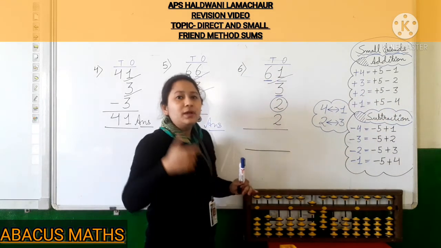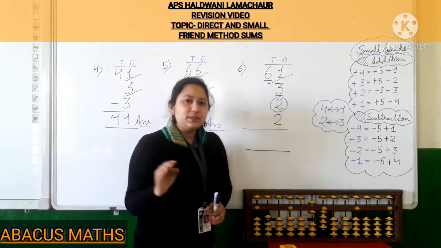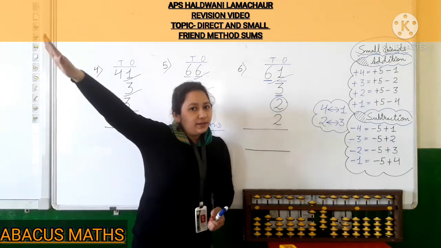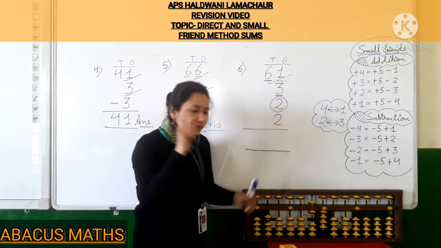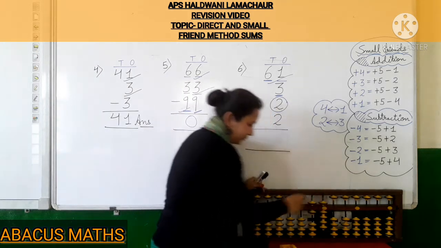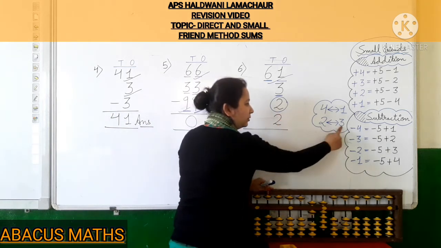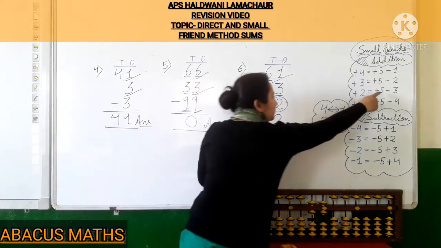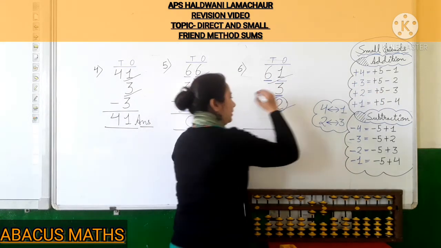I have told you whenever you have to add any number, the first number which you will add is 5, and you have to subtract the friend. So the first number which you will add is 5, and subtract the friend. Now who is the friend of 2? 3. 1, 2, 3. See, plus 5 minus 3. And your 2 is added.